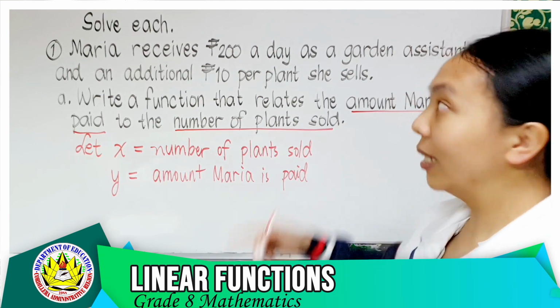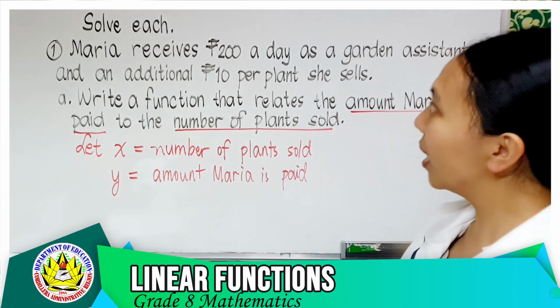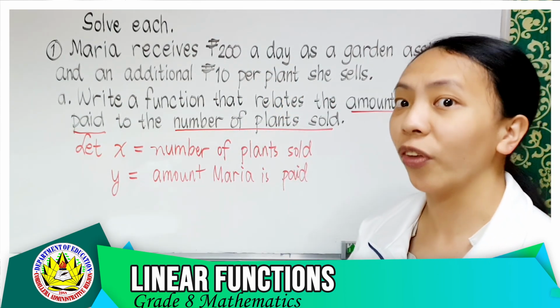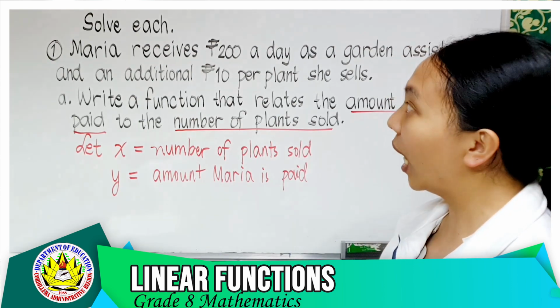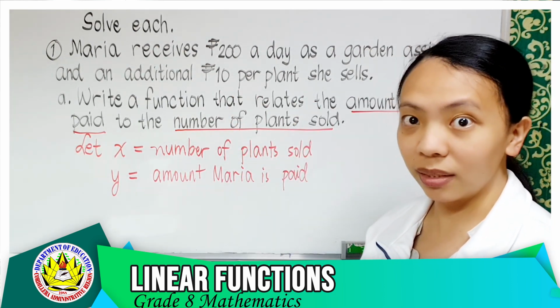But we haven't written our function yet. Let's go back to the first sentence. Take note, Maria receives 200 pesos a day as a garden assistant, therefore that is constant, and an additional 10 pesos per plant she sells.